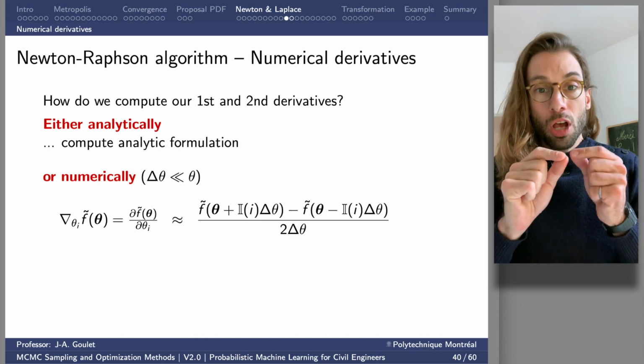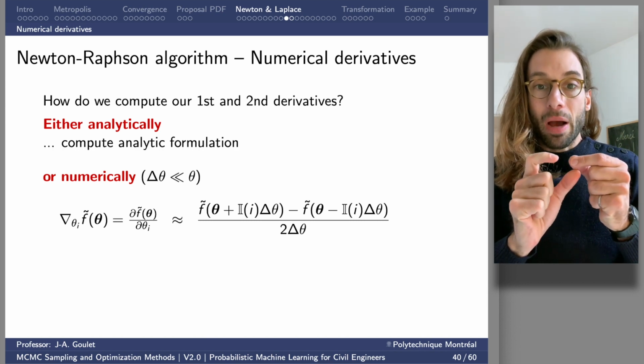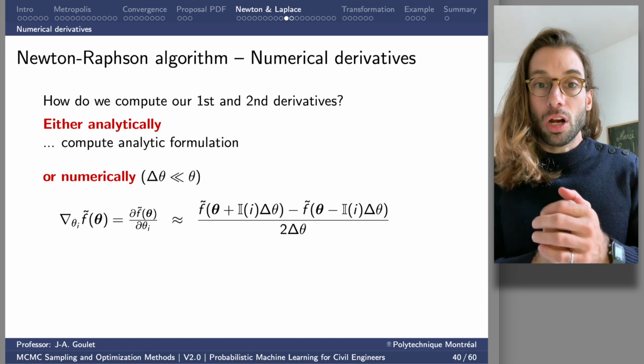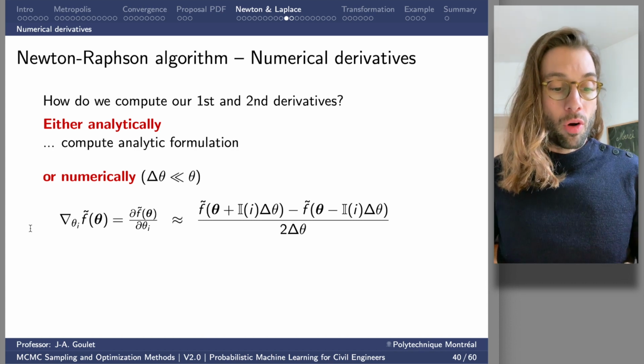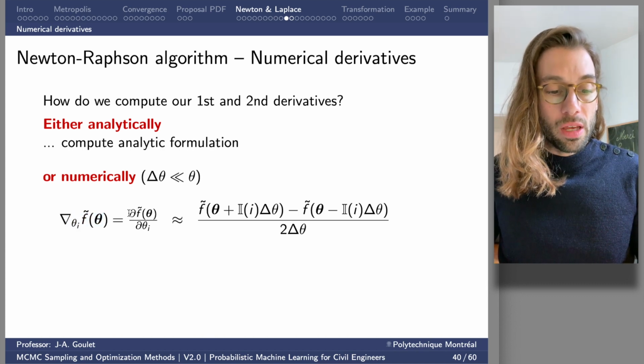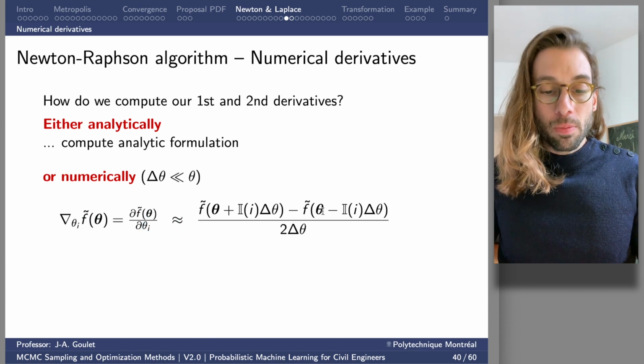Okay, what you're going to do, you're going to introduce a small perturbation in your parameter value, and by looking at the difference in the target values, you're going to be able to approximate these derivatives. For instance, in one dimension, the gradient or the partial derivative of my target function with respect to the ith parameter is going to be approximated by what we have here.